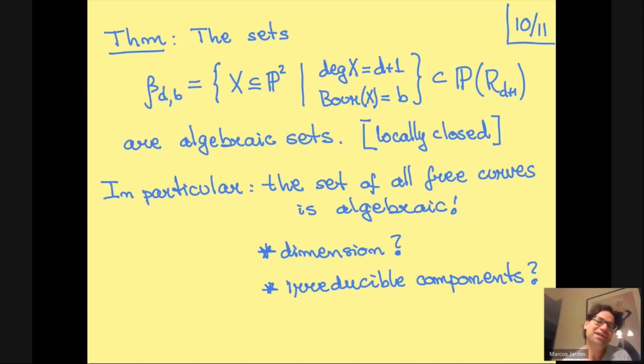I really don't know how to approach these questions, except for some very simple cases. So what is the dimension of this set of all free curves? And what are the reducible components? So try to study free curves as a whole, as an algebraic variety. That's the new direction for research in this area that I'm proposing here.